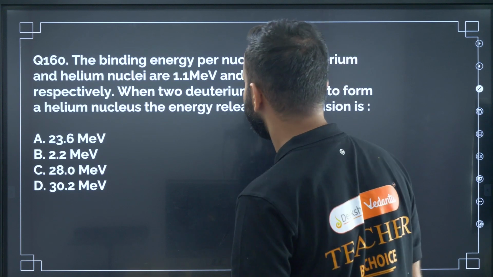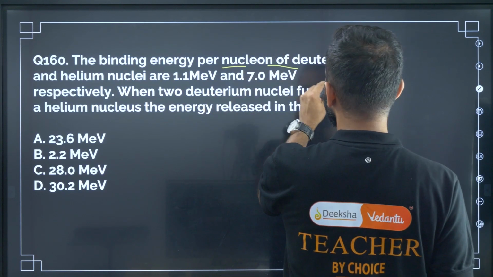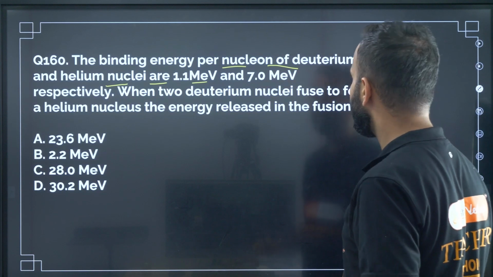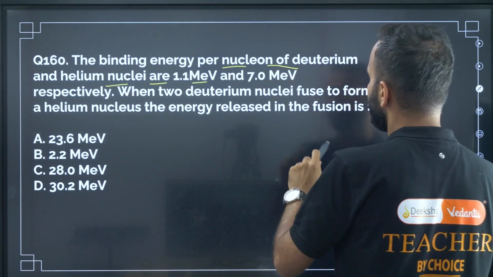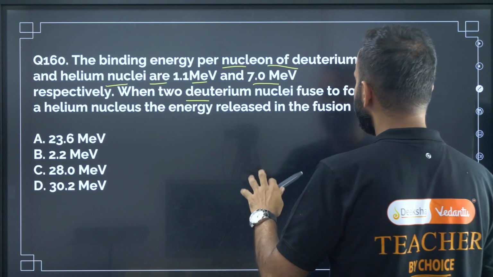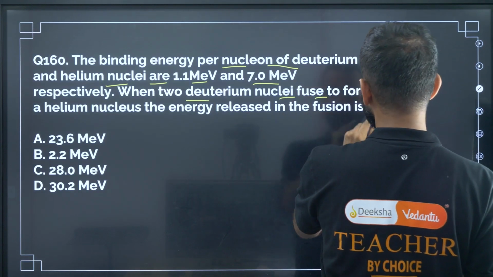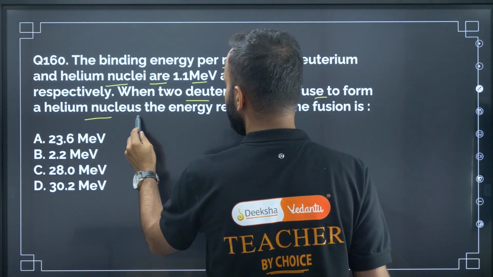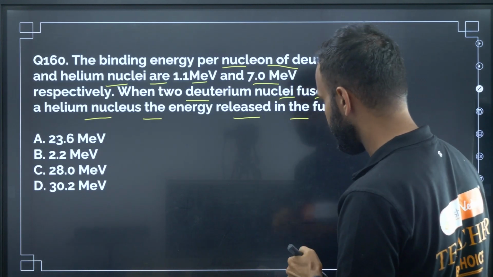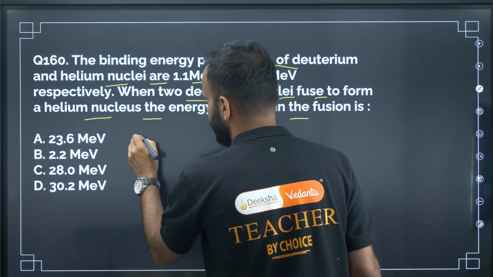Question number 160. The binding energy per nucleon of deuterium and helium nuclei are 1.1 mega electron volt and 7 mega electron volt respectively. When two deuterium nuclei fuse to form a helium nucleus, the energy released in the fusion is. Okay, so let us write the equation.